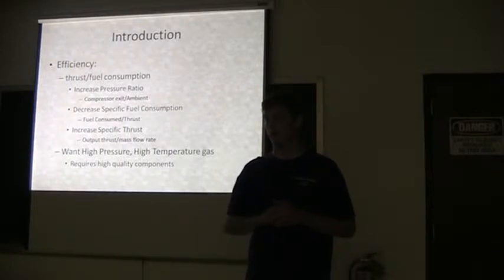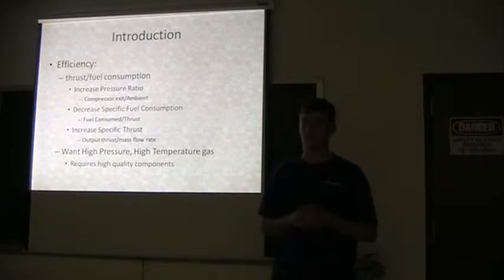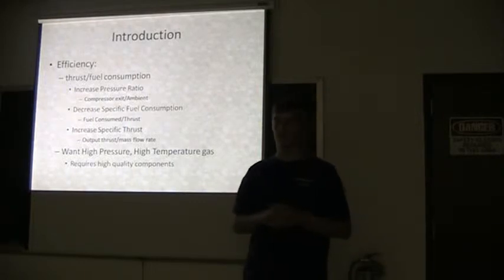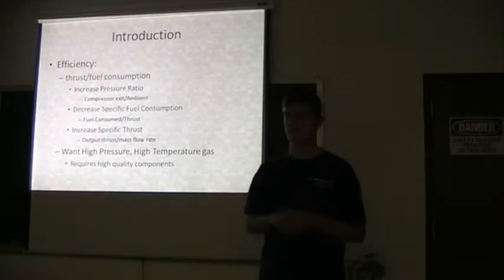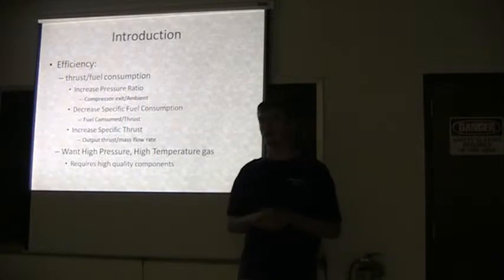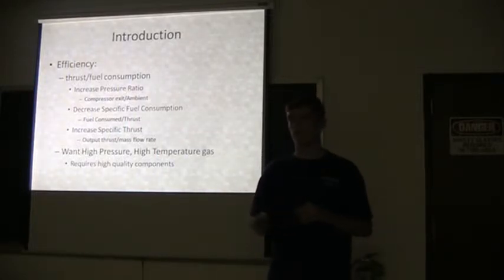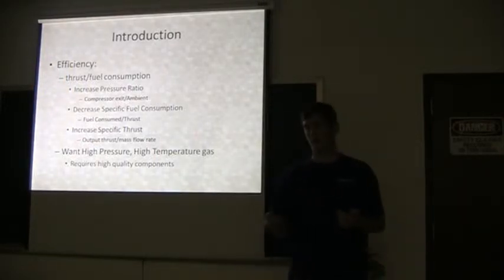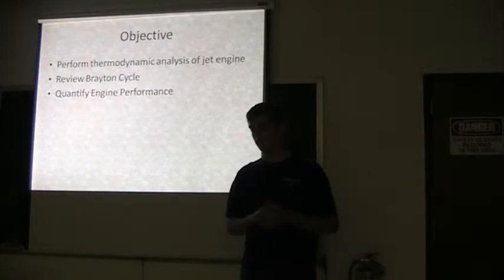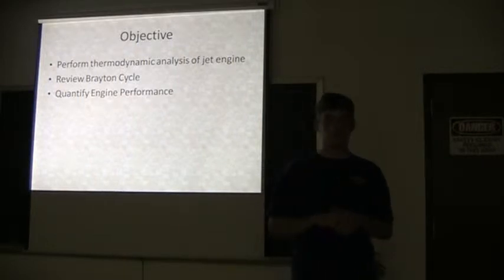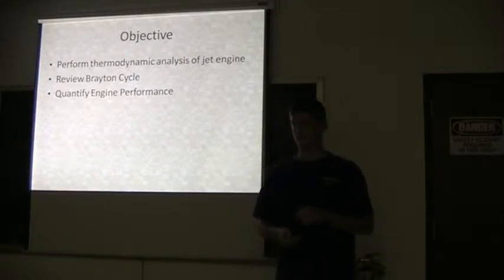To increase efficiency, we also like to decrease the specific fuel consumption rate and increase the specific thrust, which is highly dependent on the temperature entering the compressor. Ultimately, we want high pressure and high temperature gases entering the turbine, but this puts a lot of stress on the material, so we need high quality components such as superalloy nickels. So the objective is to perform a thermodynamic analysis of the jet engine, review the Brayton cycle, and quantify engine performance.